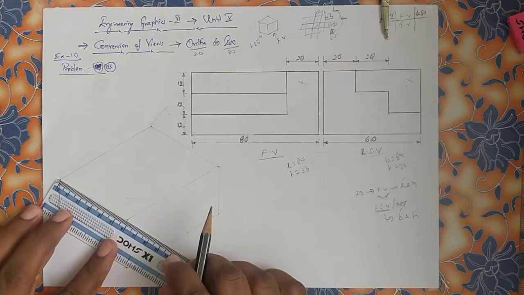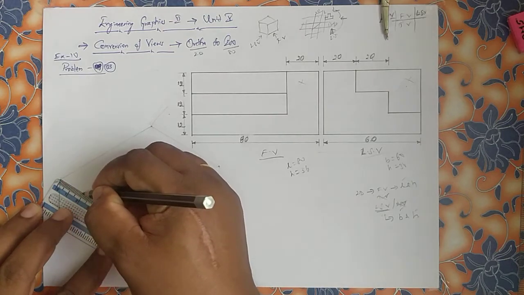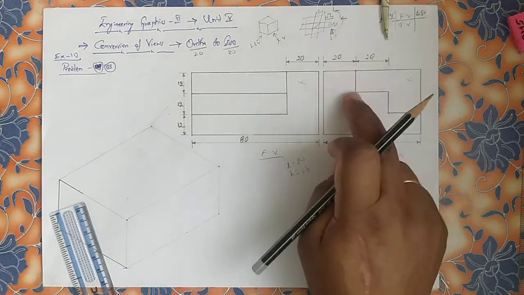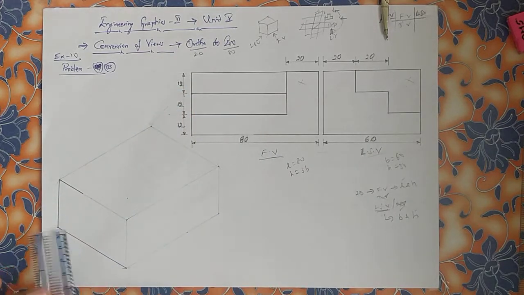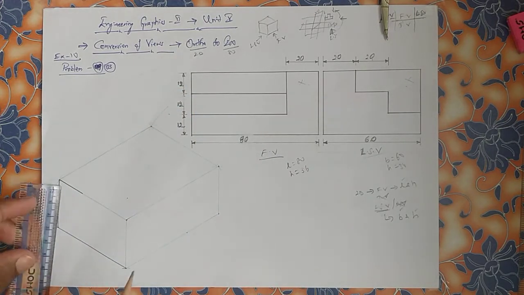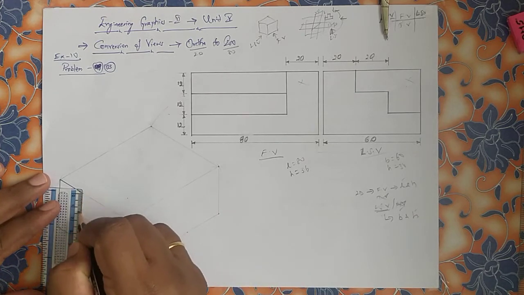See, 20 on the same line. Now down, what is this? From here you can see this is the dimension as 12. How to plot the 12? See, actually from here it should reach down 12.